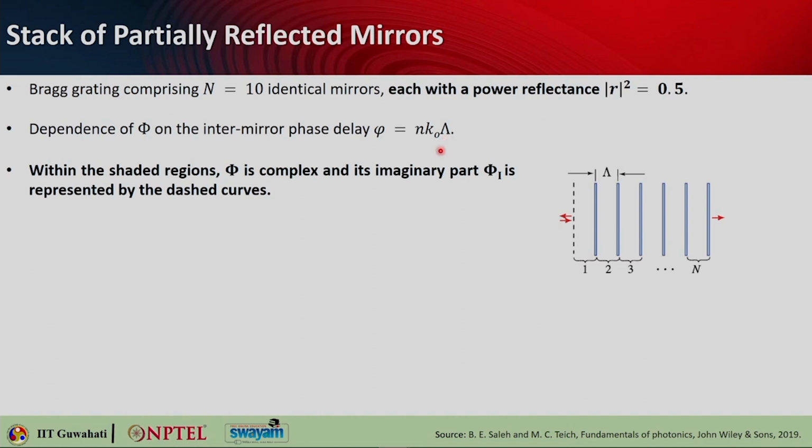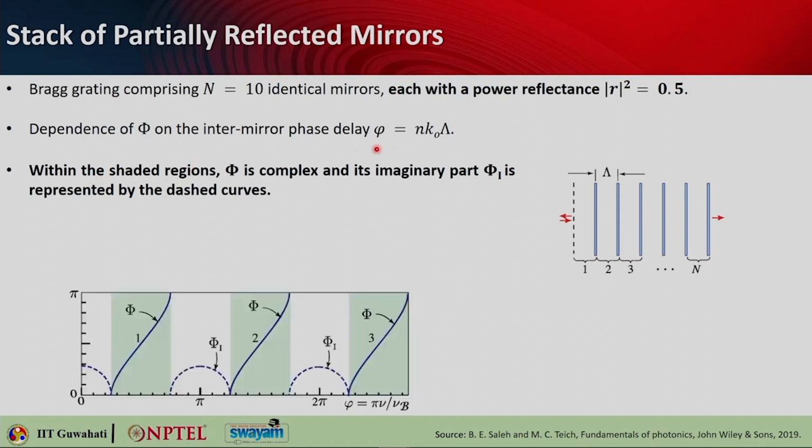What is small phi? That is the phase delay n k naught lambda, from one mirror to another. This is not the round trip phase delay, this is the intermirror phase delay. Now if you plot this, you will see that within the shaded region, this capital phi is complex, and the imaginary part is shown here by dashed curves.